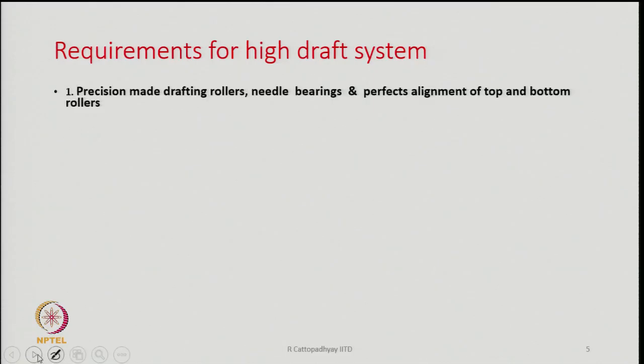The other requirements for the high drafting systems are listed here. One is precision made drafting rollers, needle bearing, and perfect alignment of top and bottom rollers. This is what is required. Our drafting rollers have to be much more precision made.